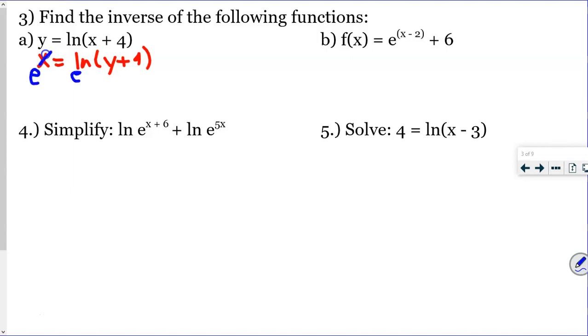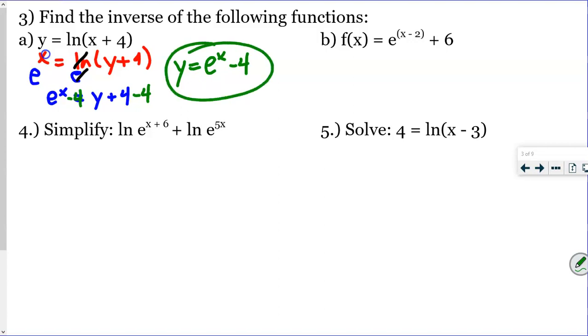So over here, the ln and the e cancel each other out. So we are left with e to the x is equal to y plus 4. So yes, we're going to subtract that 4 from both sides. So subtract 4 and subtract 4. So our y is going to be equal to e to the x minus 4.